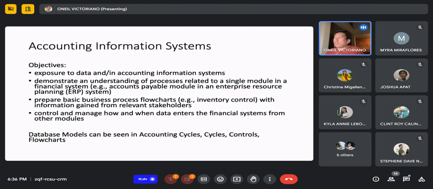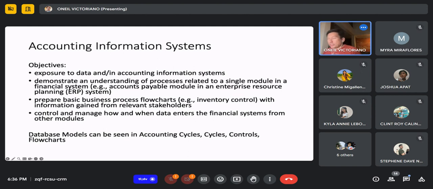So we'll try to connect it with your basic accounting, to be able to understand how data works. Just a flow graph, no?